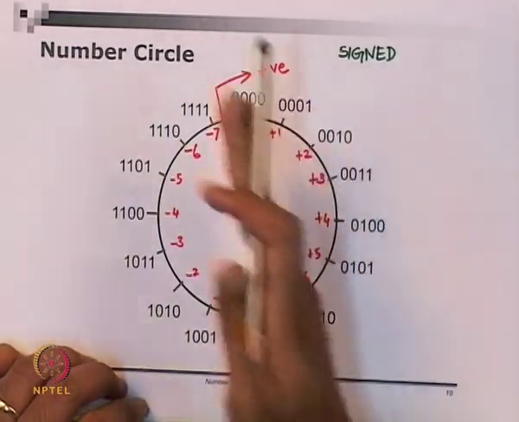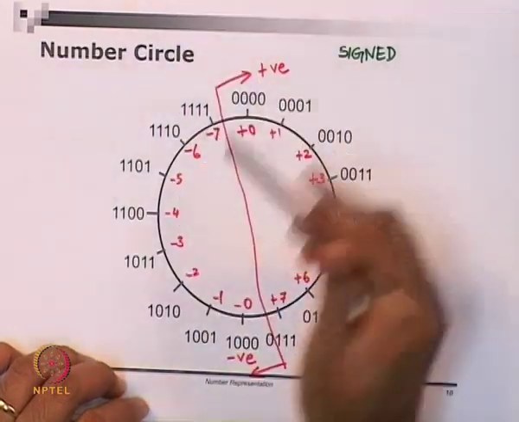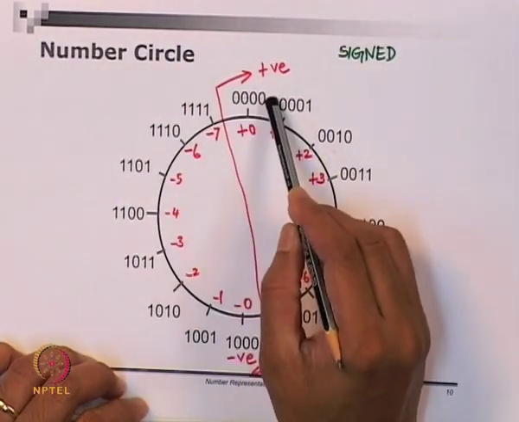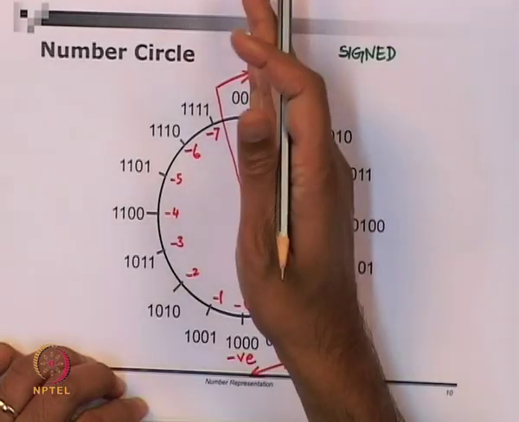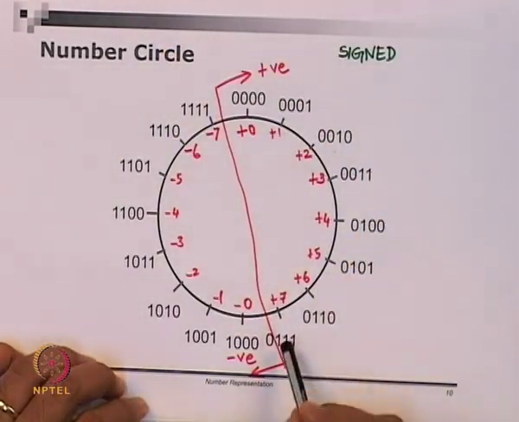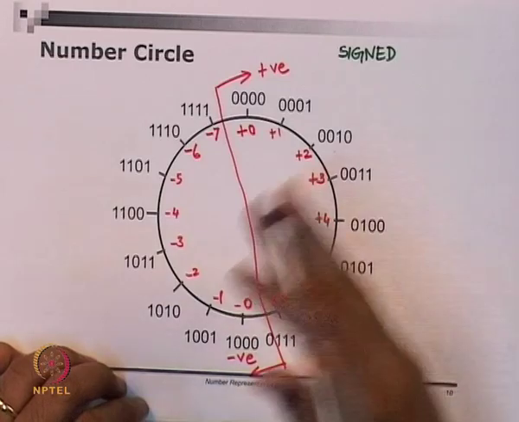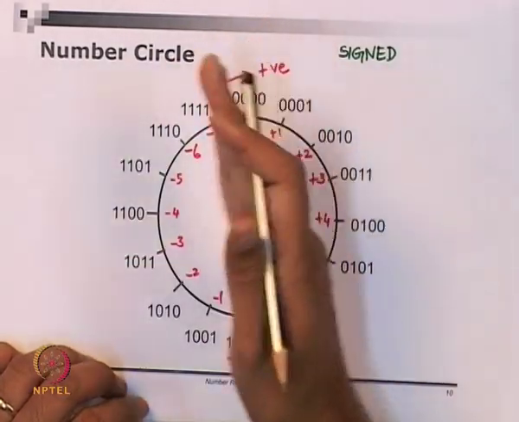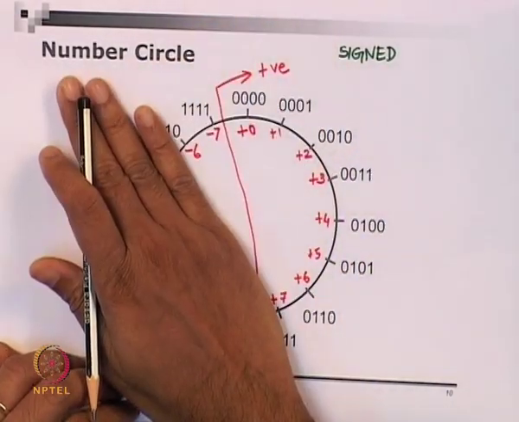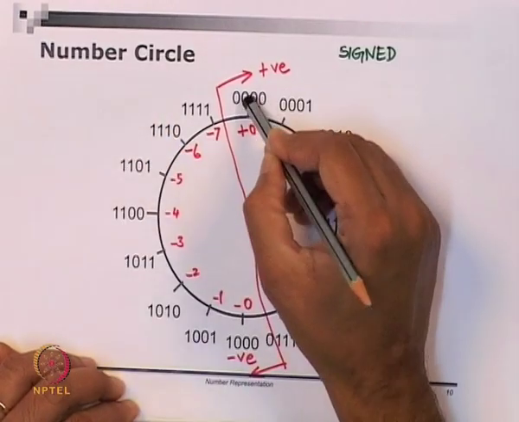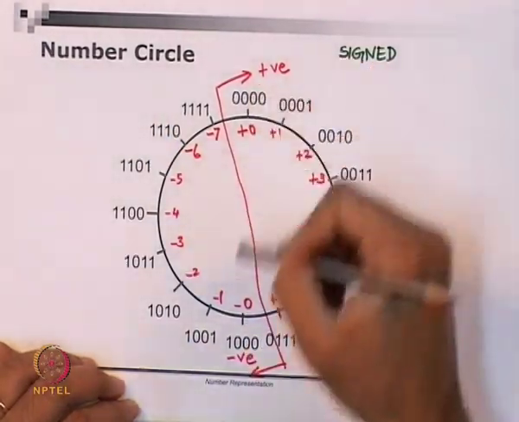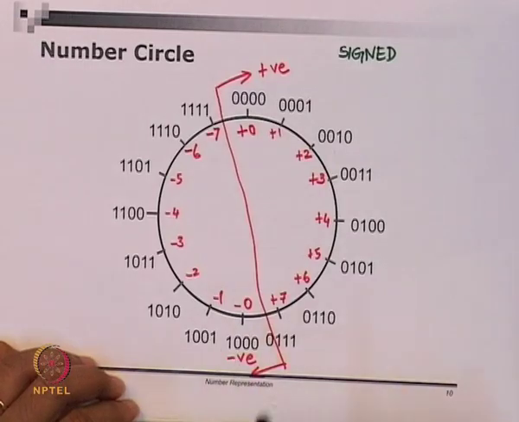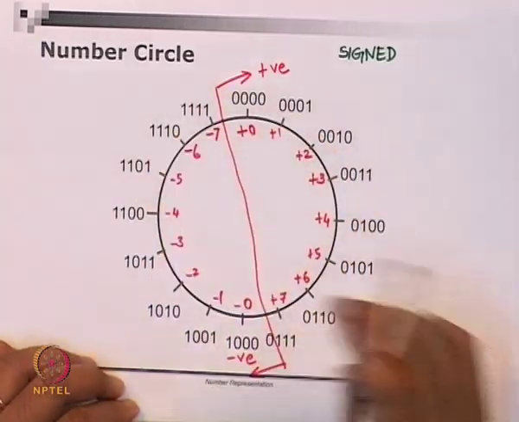And again the half: if you draw a line from slightly to the left of 0000 to slightly to the left of 0111 or the equivalent one, everything to the right of that will be positive numbers, everything to the left of that will be negative numbers, and you will see that 0 and minus 0 are in the exact opposite corners. So this is the signed magnitude interpretation of these 4-bit values.